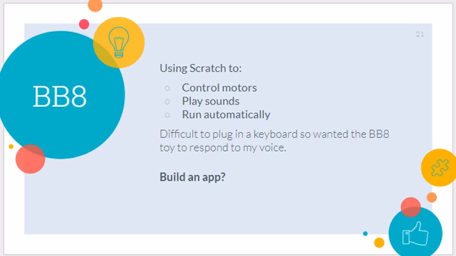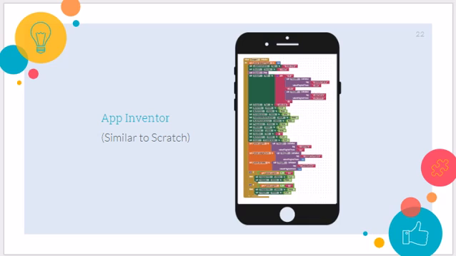So I thought about building an app, and I found App Inventor. App Inventor is very much like Scratch, as you can see, drag and drop blocks, and as I wanted to involve the kids, because it was their toys I was pinching off them, we started reworking Woggle, but from an app point of view, using App Inventor.